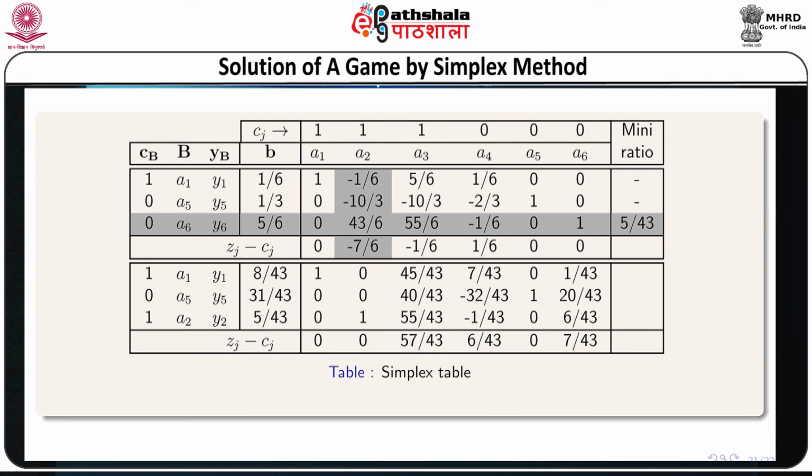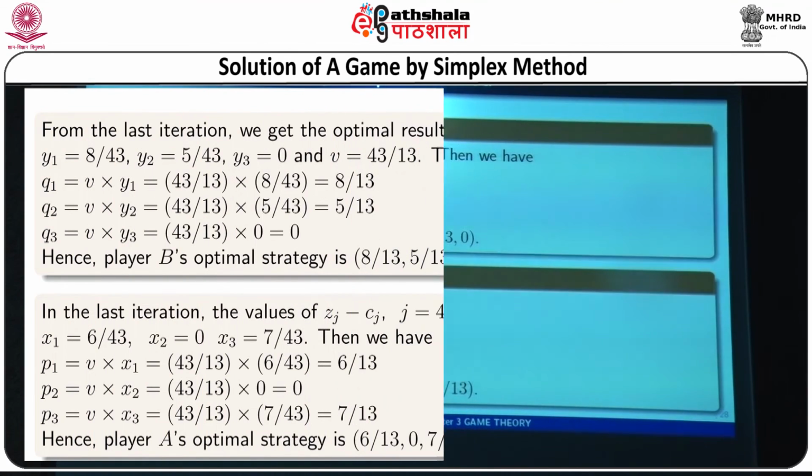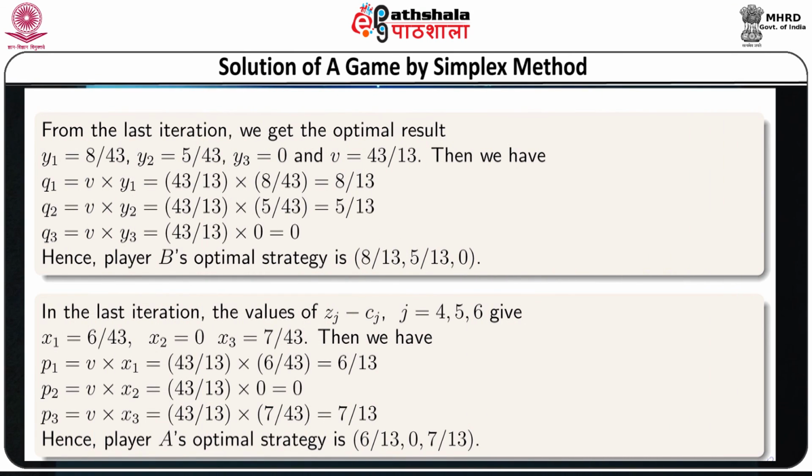And from the last iteration of the simplex table, we can find the solution as y1 equal to 8 by 43 and y2 equal to 5 by 43 and y3 equal to 0, since it is not a basic variable, and the value of the game V is equal to 43 by 13.